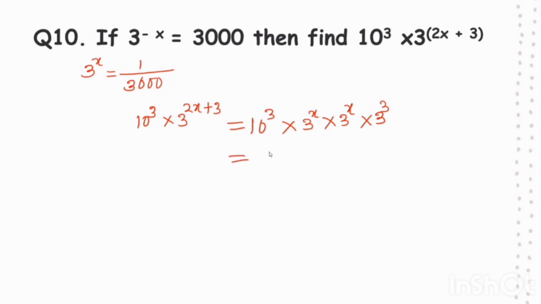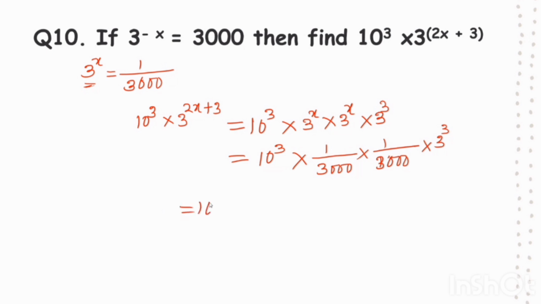Now that's equal to 10 cube into, already we have got 3 raised to the power x equal to 1 by 3000. So in place of 3 raised to the power x we can write 1 upon 3000, here also 1 upon 3000, into 3 raised to the power 3.